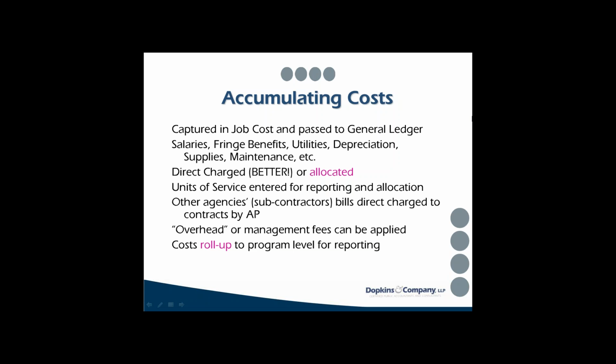So two weeks ago, we talked about direct charging payroll. This is a place where it would go. If I'm a nurse and I'm providing services for 6 hours a day in a day hab environment and charging my time to that day hab, and 2 hours a day I'm going out into the wide world to visit individuals in self-directed services who live in private apartments, where do I charge that time?